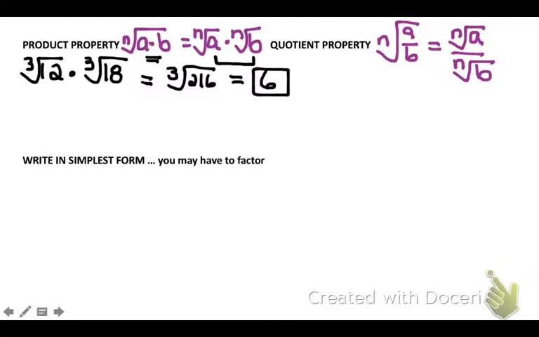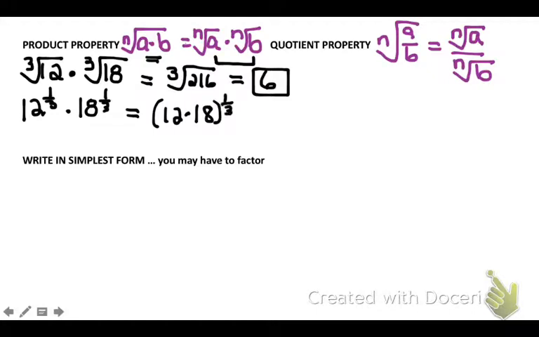Another way we could have worked with this one, we could say 12 to the 1/3 times 18 to the 1/3, and that would be the same as saying 12 times 18 raised to the power of 1/3, and then we'd still get our answer of 6. So whichever way works best for you.